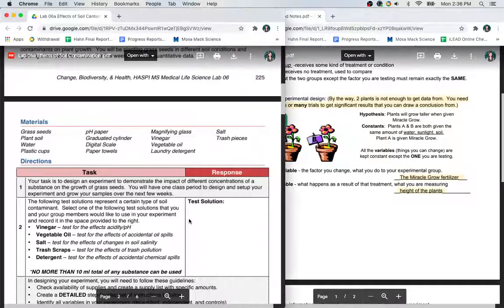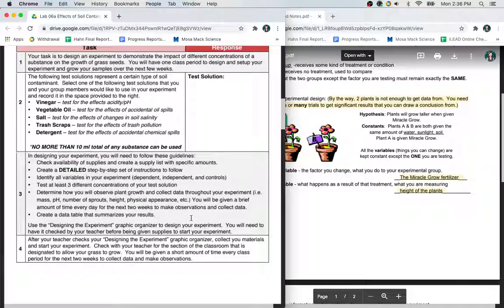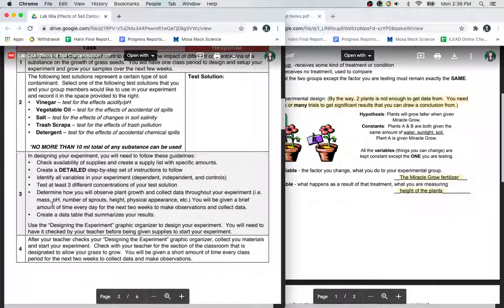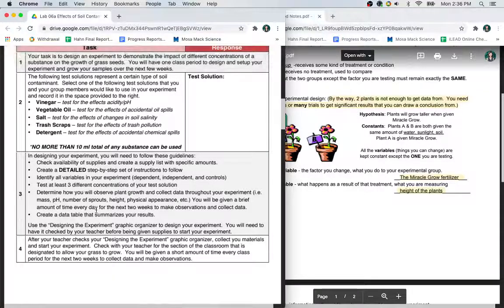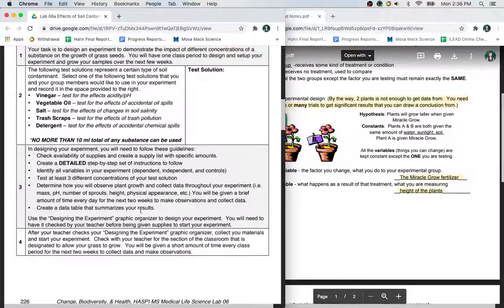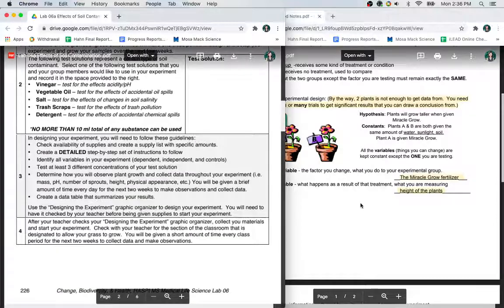For your experiment, you're going to be measuring also maybe the number of seeds that sprouted, the height, the physical appearance. If you have pH strips, you could do the pH of the soil. But mostly it's going to be measurements of your plants that grow. That's going to be your dependent variable.